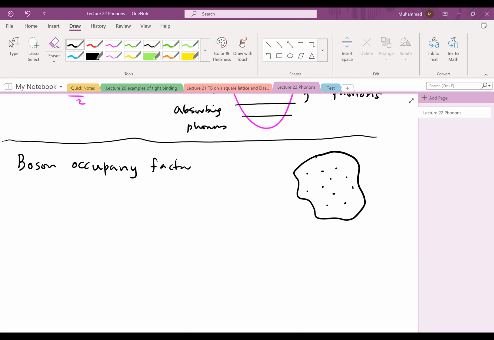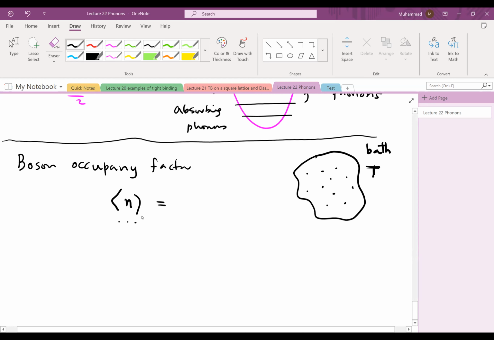Anyway, if I have a bath, generally we talk about baths of phonons. If you have a bath of phonons at temperature capital T, then for some normal mode there is going to be a certain average number of phonons that will be present in that system, and it is called the Bose occupancy factor.